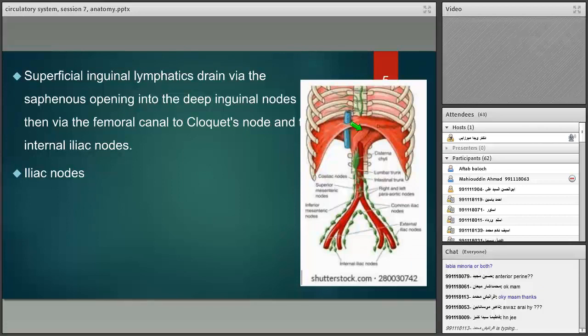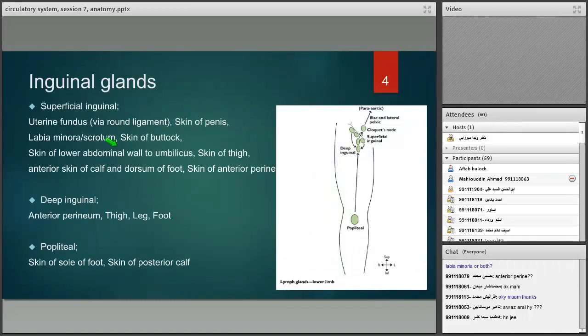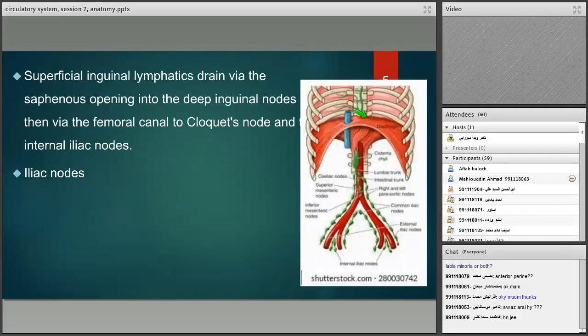And then it will drain into the internal iliac nodes. Then, look at here. After this node, we have the iliac and lateral pelvic nodes. It will drain into the internal iliac nodes.